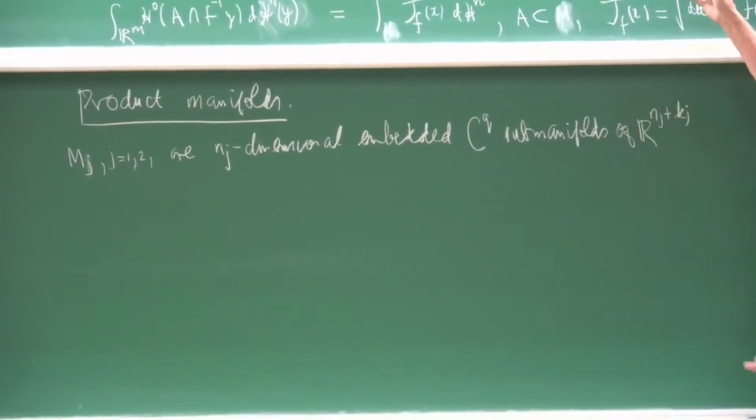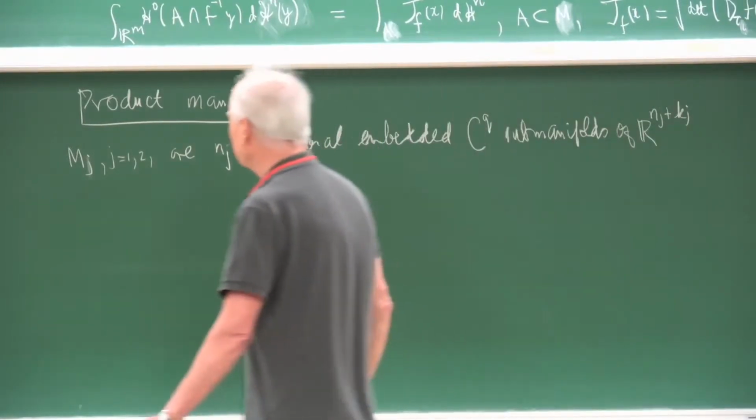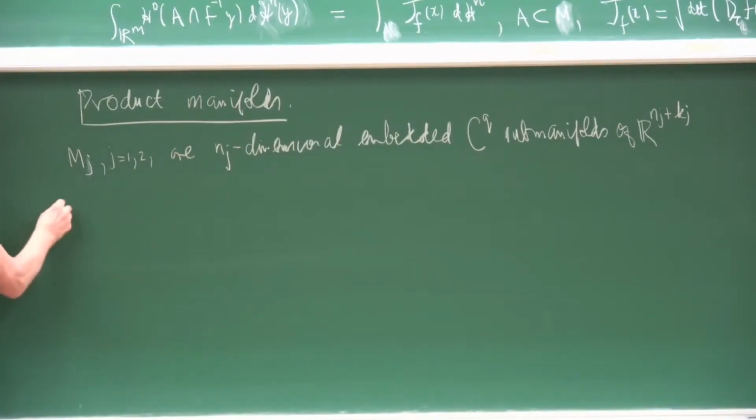So we've got two objects like that object at the top of the board there. One of them has dimension n1 and it's in R^(n1+k1), and the other one has dimension n2 and it's in R^(n2+k2), right? So just two such objects. And then take local coordinate representations for these.